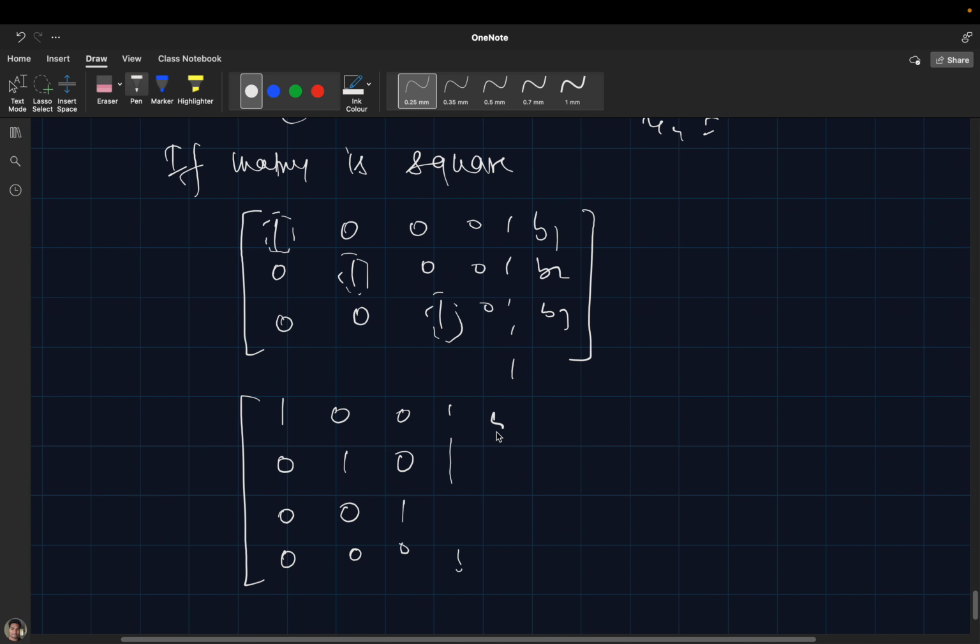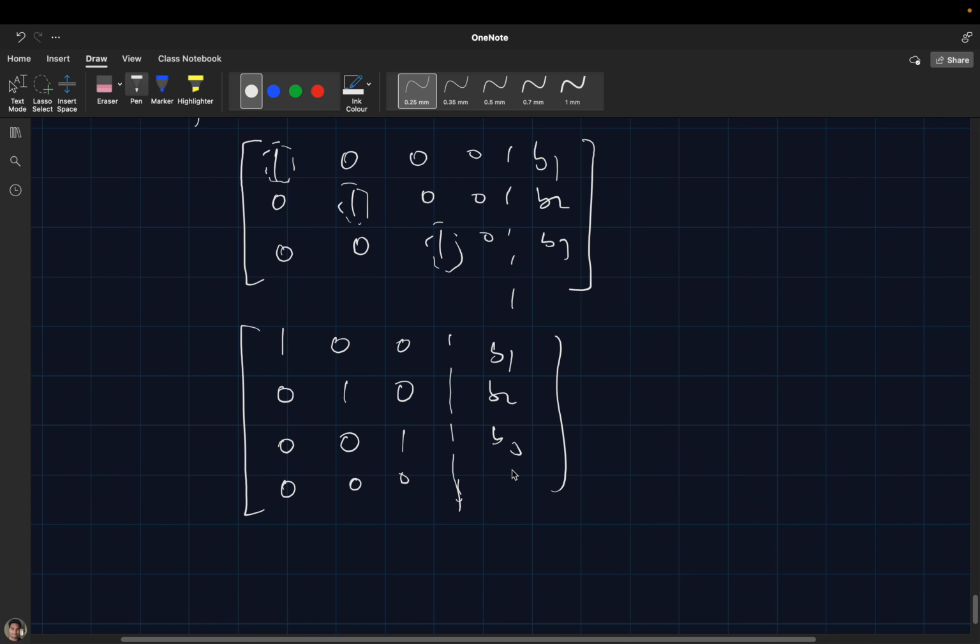Then again it is not necessary that it will be a unique solution, because if you could not get 0 here, if some other number like b4, then there will be no solution, because 0 is not equal to b4.